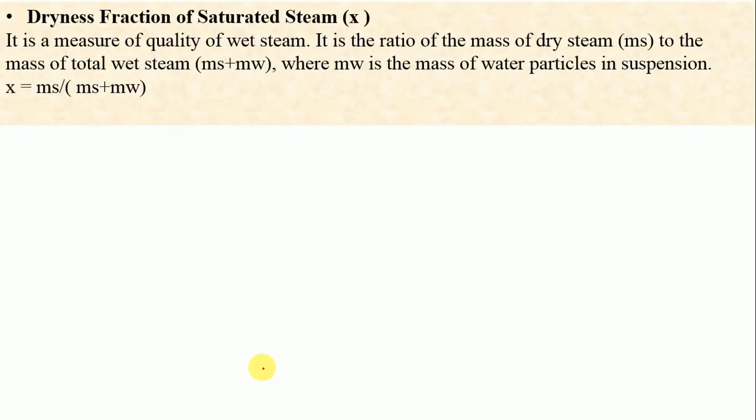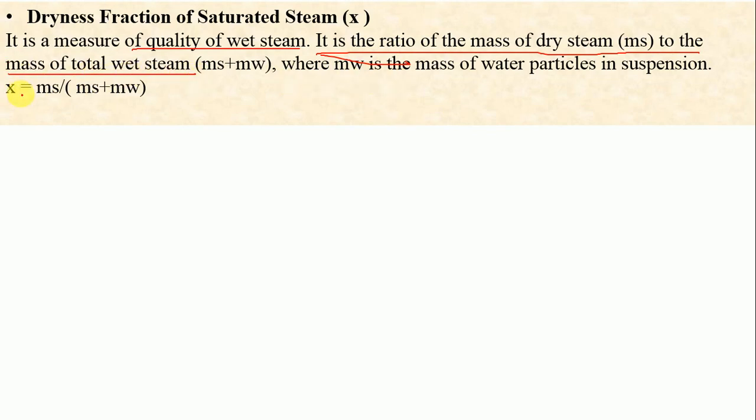Dryness fraction of the steam. What is the dryness fraction? It is the measure of the quality of a wet steam. In the liquid plus vapor region, some amount of water is also present in the steam, and it is the ratio of the mass of dry saturated steam to the total mass of wet steam.